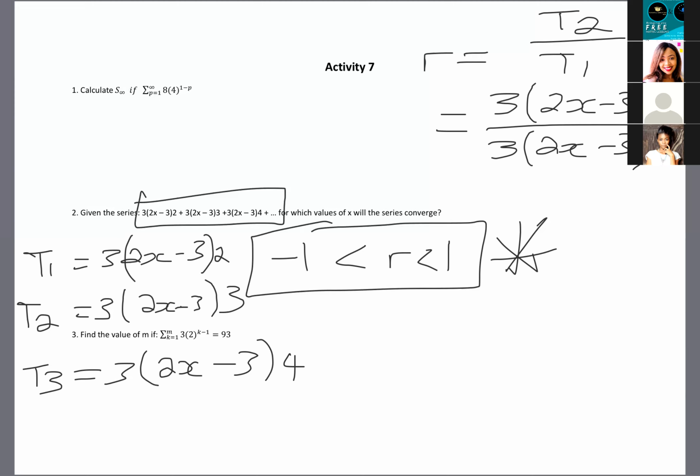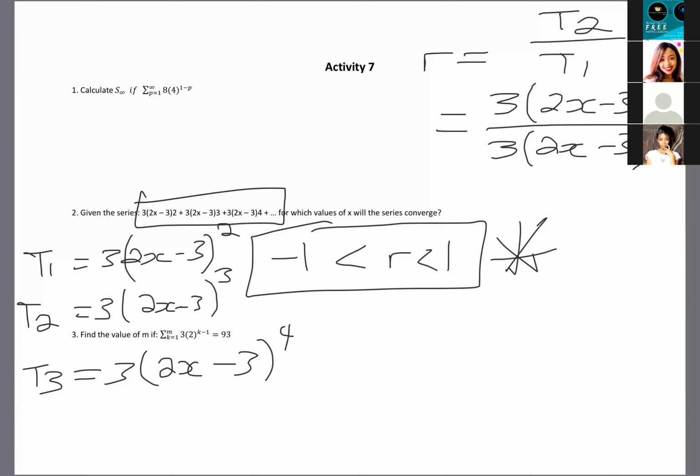Sorry, please just hold on. No, you know what? I didn't copy this correctly. These 2, this 3 and this 4 are supposed to be exponents. So it's supposed to be this to the power of 2, to the power of 3, to the power of 4. Do you see it?